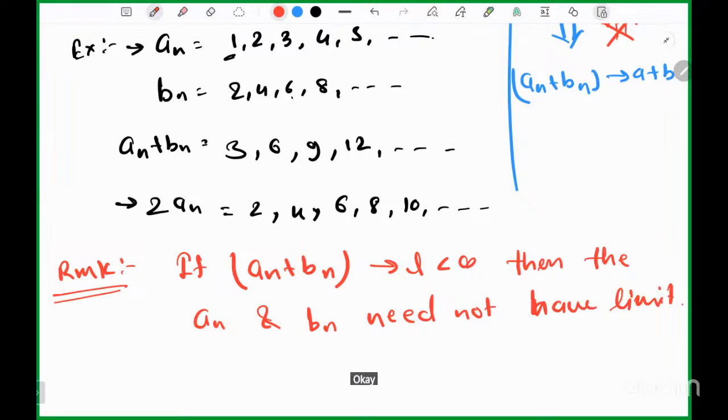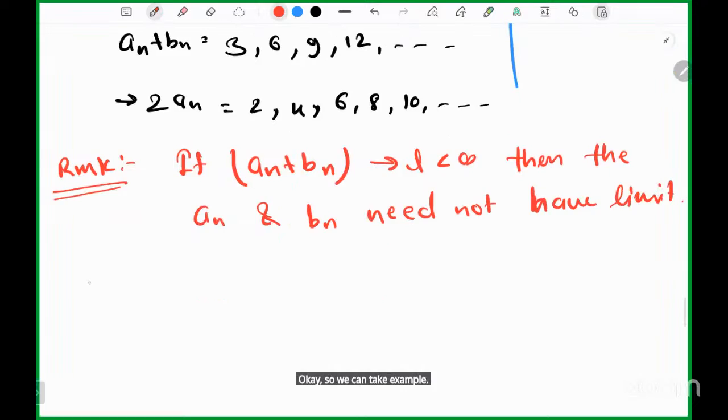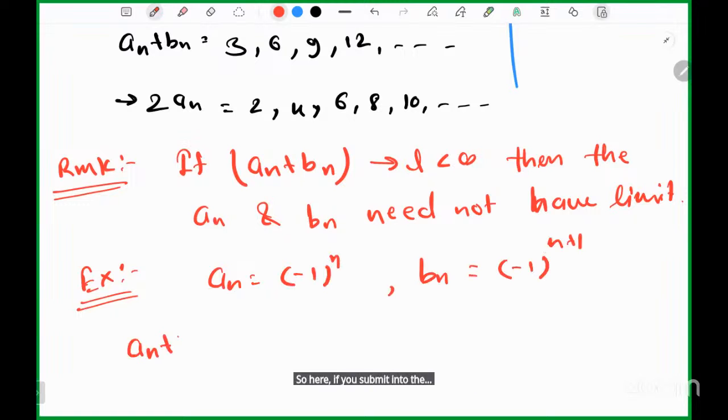Okay, so we can take the example an equal to minus 1 to the power n and bn equal to minus 1 to the power n plus 1. How to find whether a sequence has a limit or not? Just think, as n goes to infinity, if that particular sequence goes to a fixed number, then it has a limit.